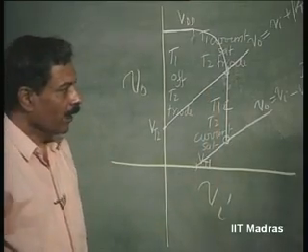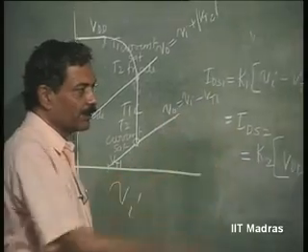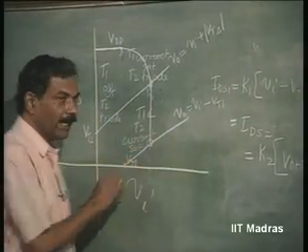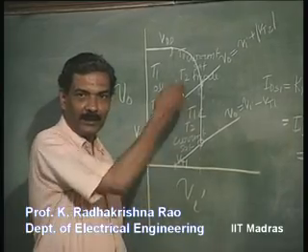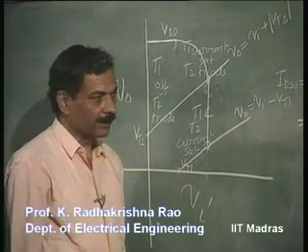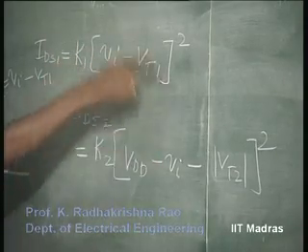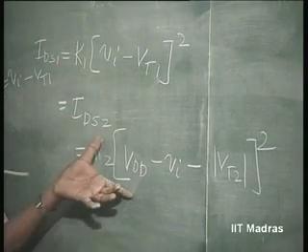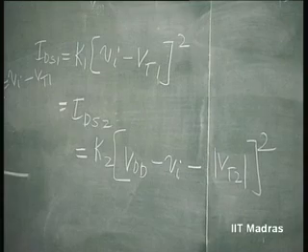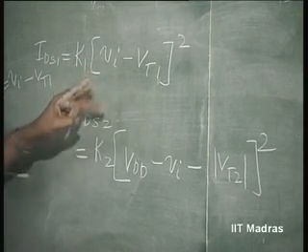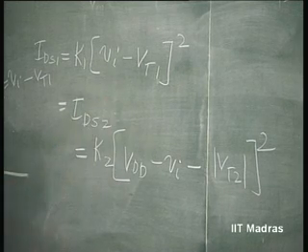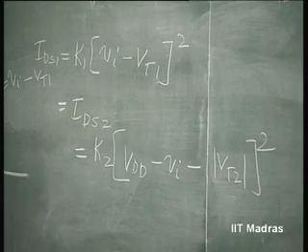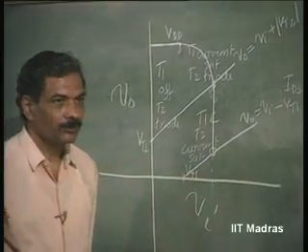Now, you can also from this equation find out the value of Vi at which it will remain with slope equal to infinity. So, you can find out from this equation the value of Vi. If K1 is equal to K2 and Vt1 is equal to Vt2, you can show that this will occur at exactly equal to Vdd by 2.